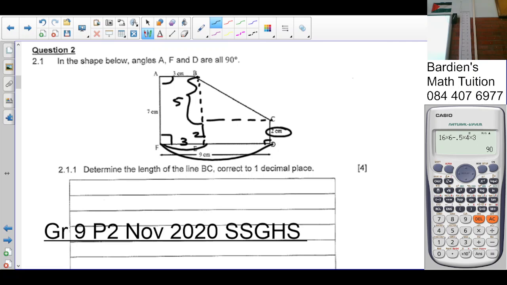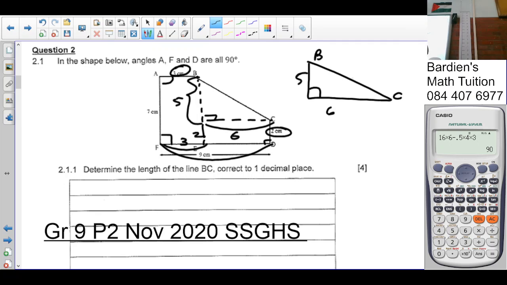3. So it's coming from here, no? Then what is this length? 6. So that's also 9. Not so? So we have a triangle looking like this here. 5, 6, and BC. So what do we say? BC squared is equal to 5 squared plus 6 squared. I think there's no angle there, so I don't write a reason. 5 squared is 25, 6 squared is 36.